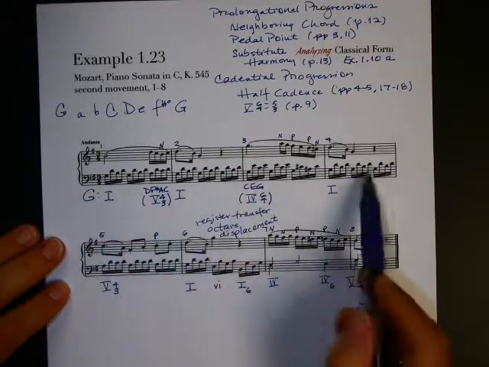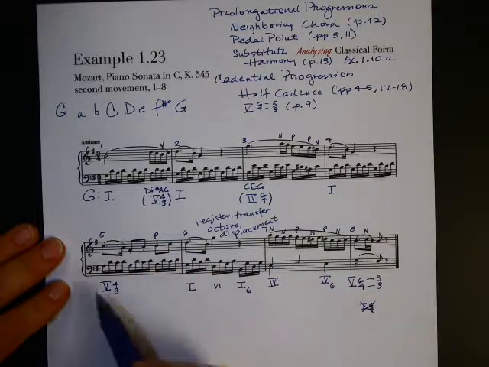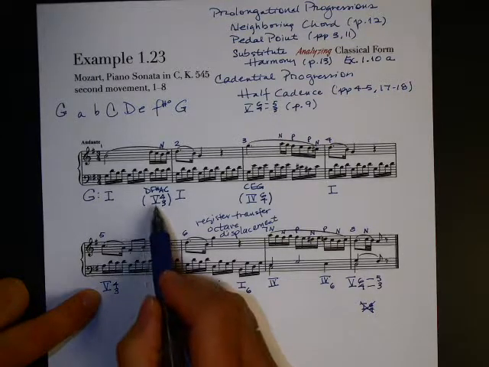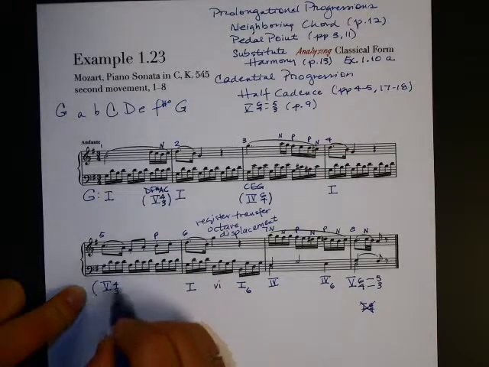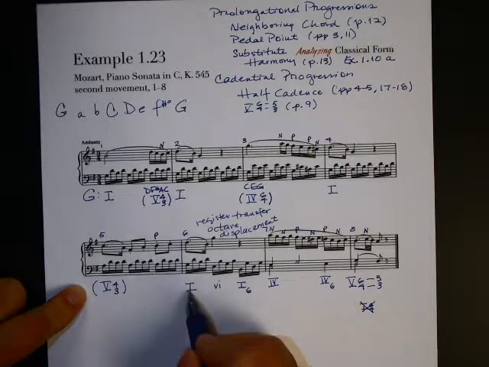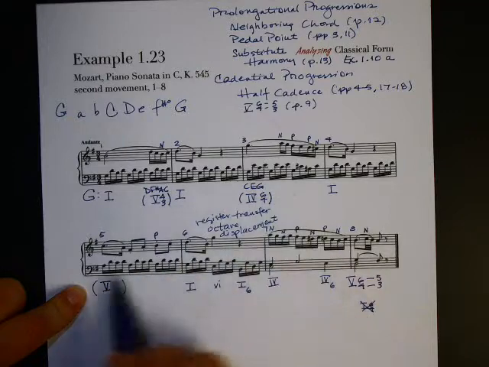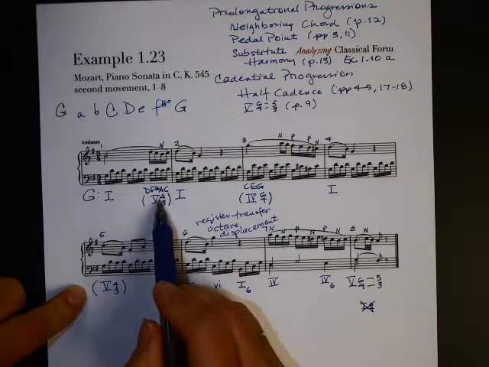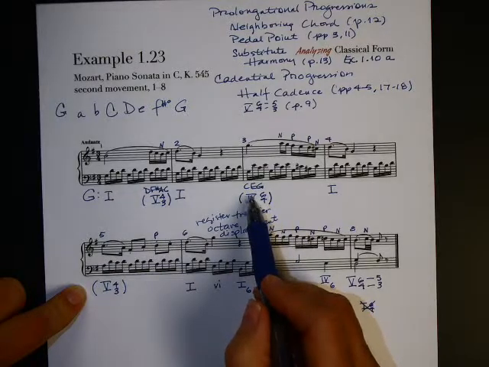Measure 5, we return to the dominant 7th, but again, it's in 4-3 inversion, like the end of measure 1. And after measure 5, we return to measure 6, and there is the tonic. So the tonic prolongation extends into measure 6. We've had a neighboring chord, pedal point, neighboring chord, and back to 1.